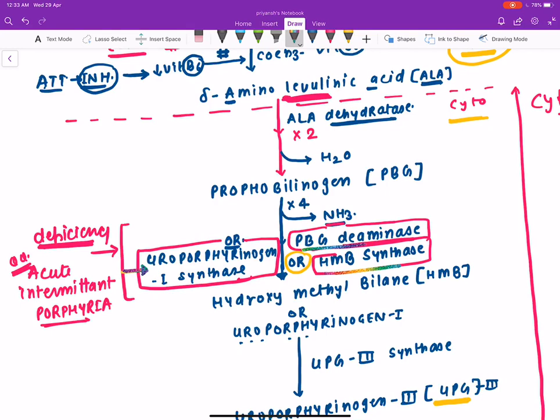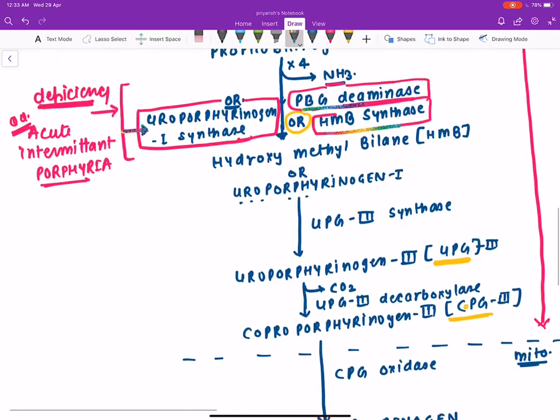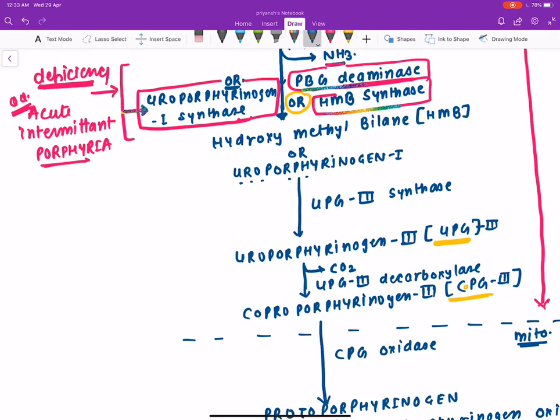Then the second is this enzyme, UPG 3 decarboxylase. If there is deficiency of this enzyme, the condition is called porphyria cutanea tarda.